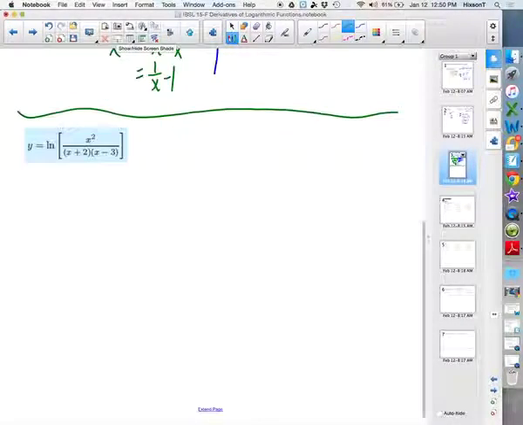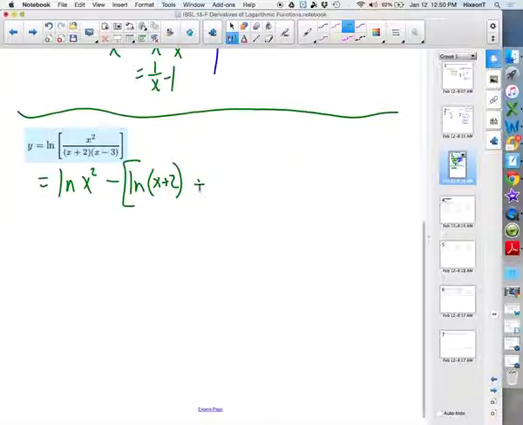So how would I rewrite this first of all? ln of x squared minus natural log of x plus 2 times x plus 3. Now could you do minus, in parentheses, ln of x plus 2 plus ln of x plus 3? Yeah, we could do that.